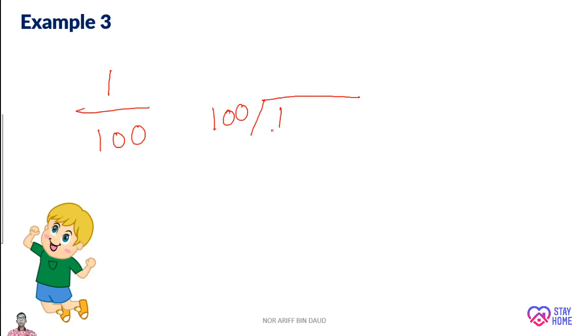We don't find the number 1 in the times table of 100 because the numbers start from 100. So you must put a decimal. Here also you put a decimal and don't forget to put 0. After you put the decimal and 0, you put 10 here.